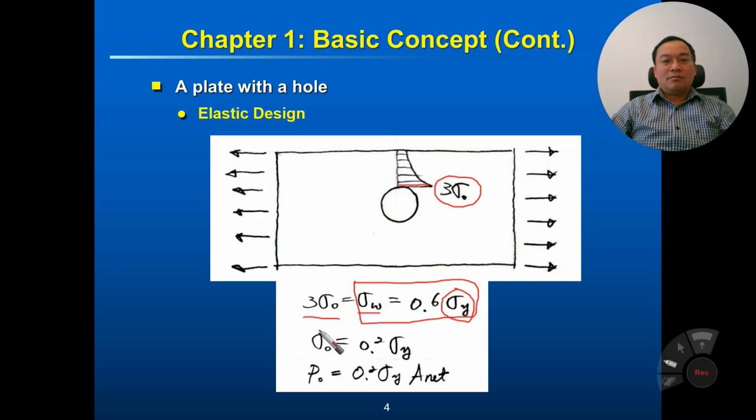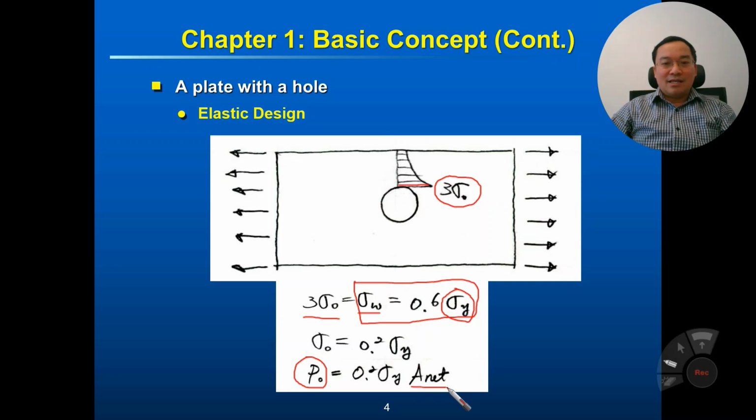So it means sigma 0 equals 0.2 sigma y. Then we have P0. P0 here is the elastic limit load, P0 equals 0.2 sigma y multiplied by A net.